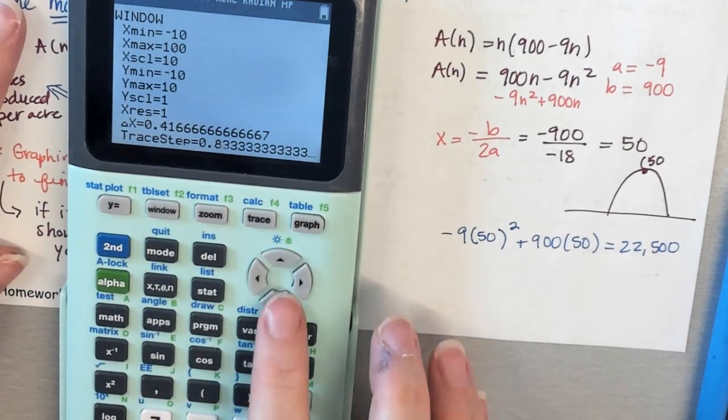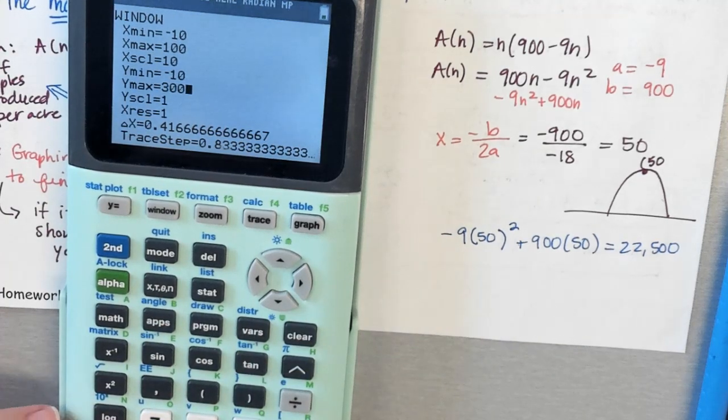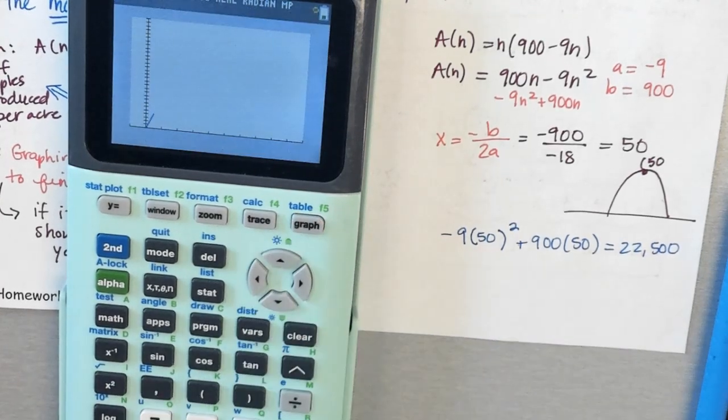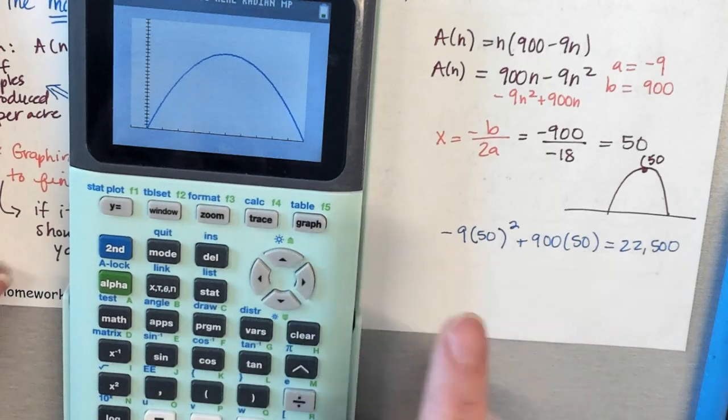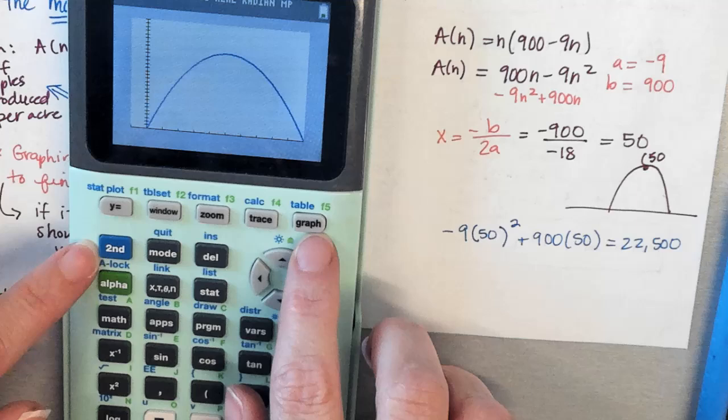Then you know that your max is going to be 30,000. Let's make our scale by thousands so I can see it. That's not the apple trees, that's the number of apples produced per acre. That's the number of apples.